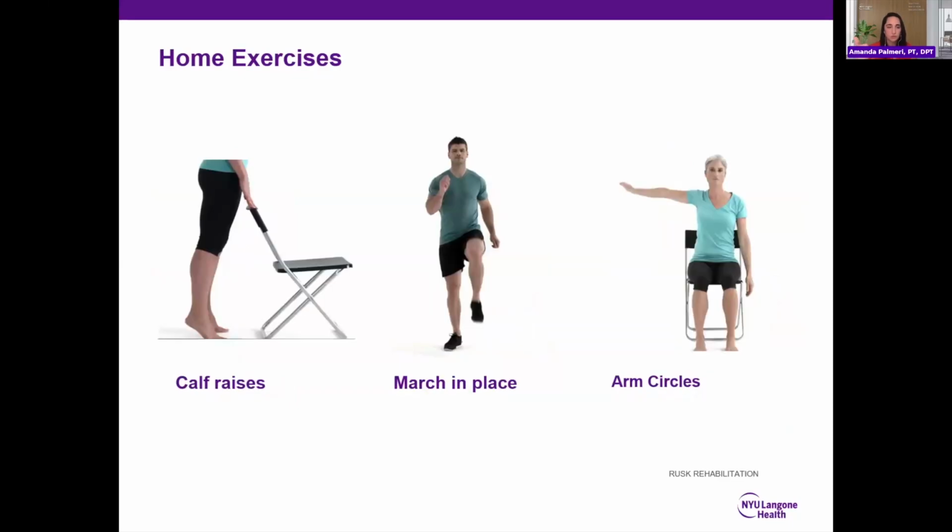Calf raises, you can use upper or arm support if you need to by using a chair or the wall. Marching in place, I mentioned that earlier as being maybe part of your brushing your teeth each morning and each evening. Arm circles that you can do in order to keep circulation in the upper body, keep flexibility of the upper body. We can alternate between all of these exercises.